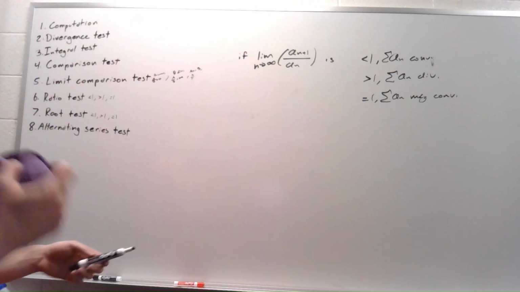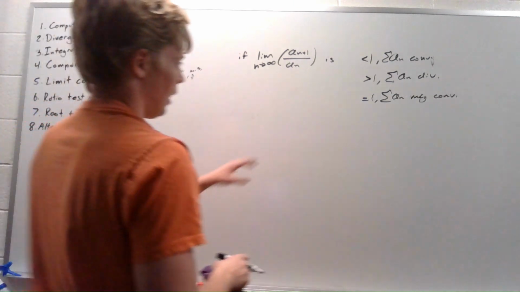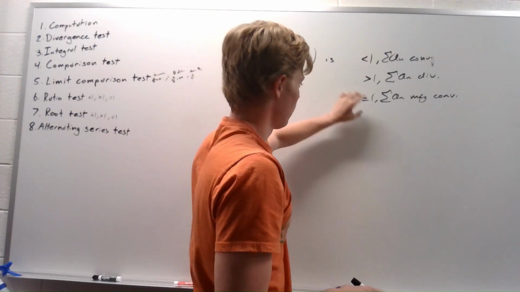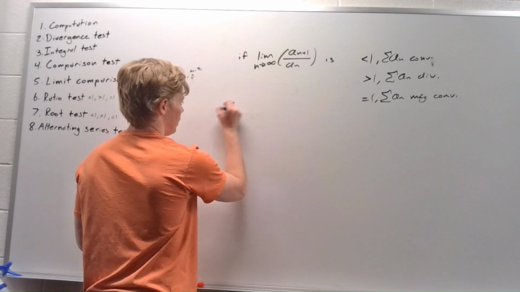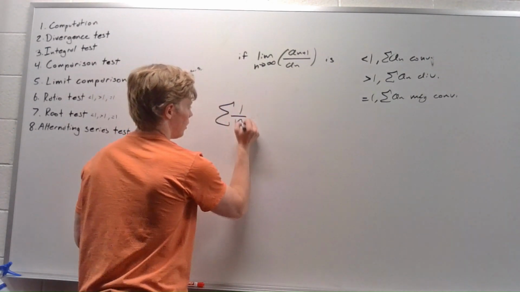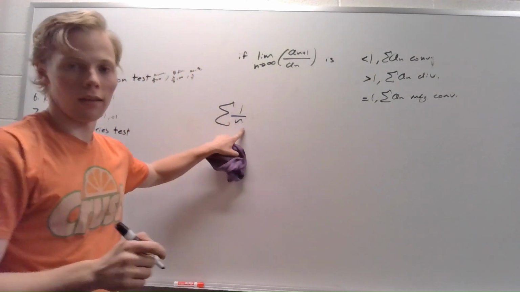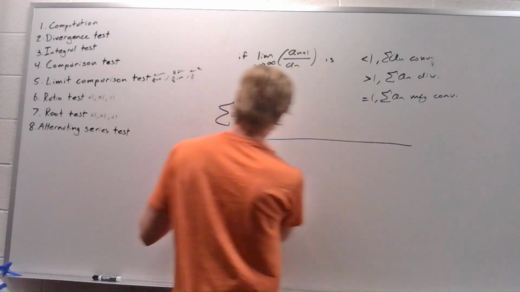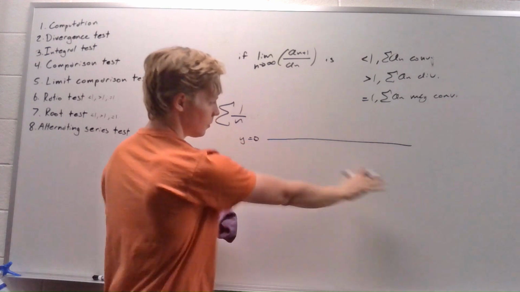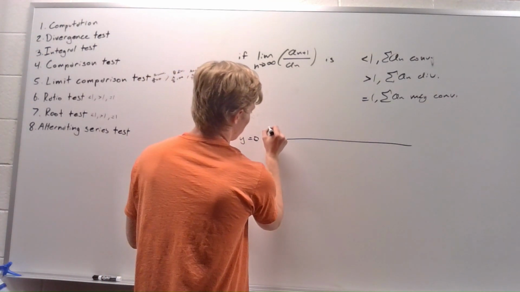And so the reason for this is, and let's show this one first. So if you take the harmonic series and you draw out its end behavior, so you're going to have the line y equals 0 here, then you're going to have 1 over n.